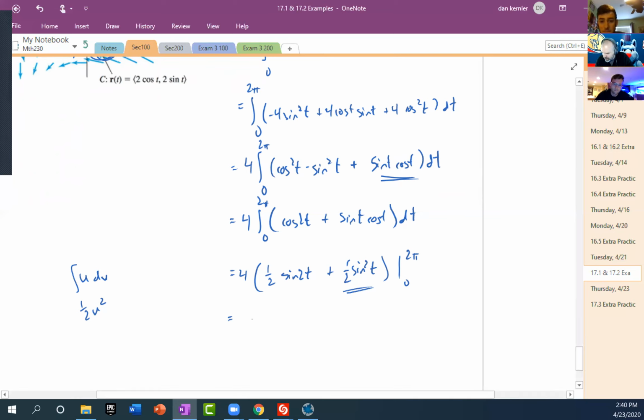Anyway, this will be, I guess we could just call it 2, because they both have a half. Sine of 4 pi plus sine squared of 2 pi. Wait, these are all just zeros. Minus sine of 0 plus sine squared of 0. So Michael was right.